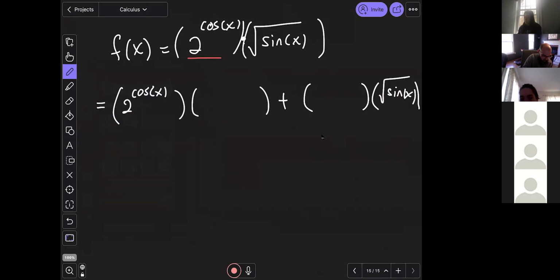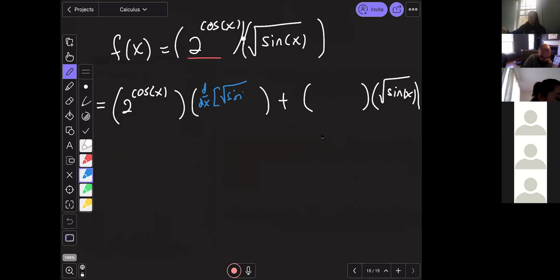In our first spot, I need the derivative of square root of sine x. That has to go here, and over here I need the derivative of 2 to the cosine x.